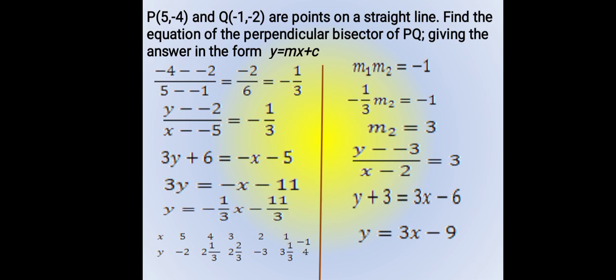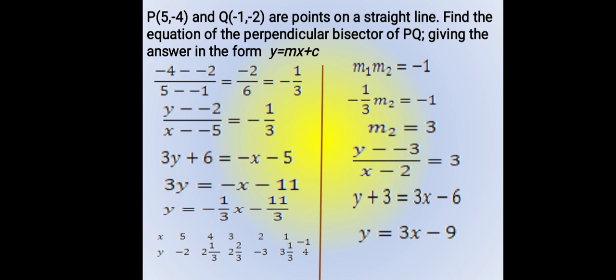When x is -1, the value of y is -4. Now, from those points, which one divides the line into two equal parts? The point that divides that line into two equal parts is the point where x is 2 and y is -3. Now we have those points.